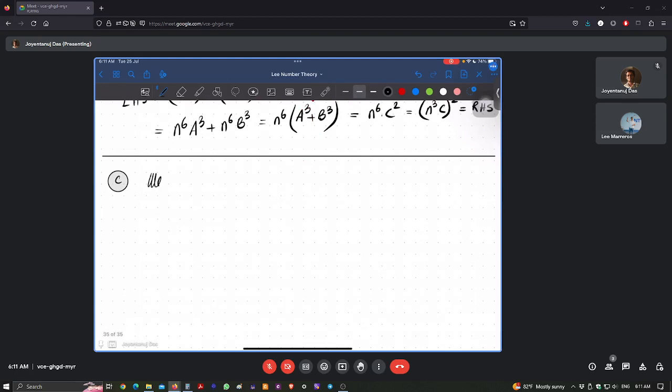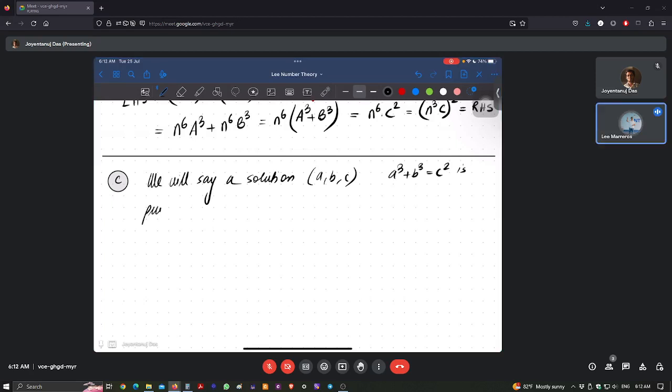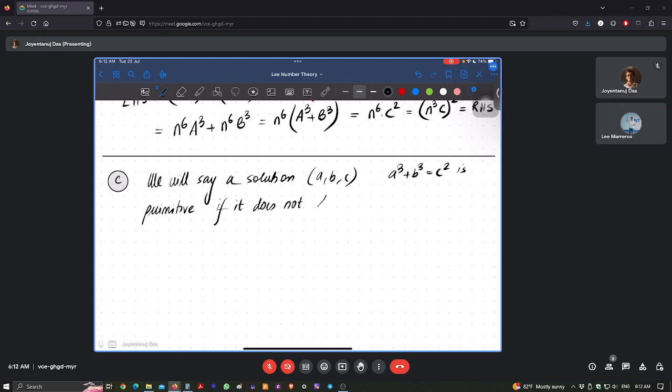We will say a solution a, b, c to that equation, a cubed plus b cubed equals c squared, is primitive if it does not look like n cubed c for some n greater than or equal to 2. So that is the definition of primitive here.